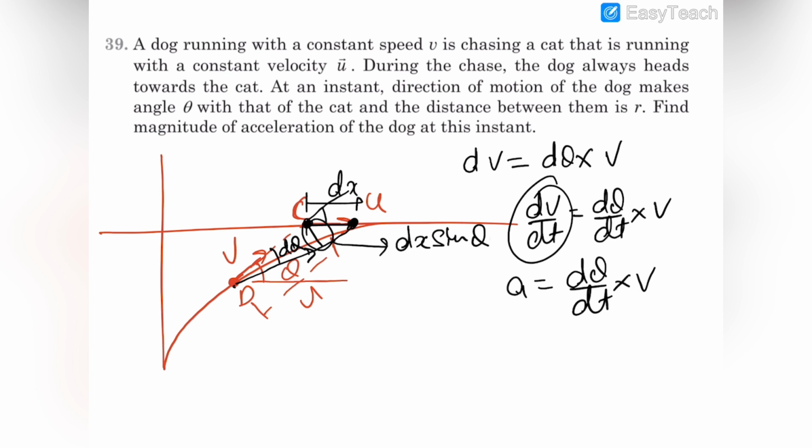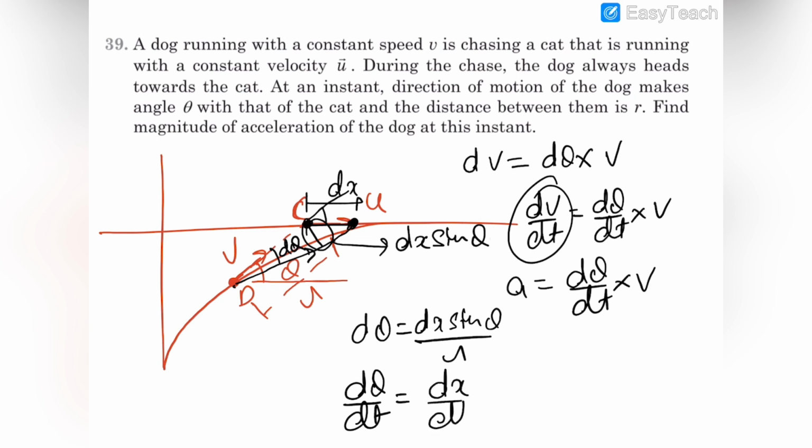Now we know that d theta is equal to dx sine theta by r, where the radius is r, so d theta by dt will be equal to dx by dt into sine theta by r. This value is u, obviously, because u is equal to dx by dt.